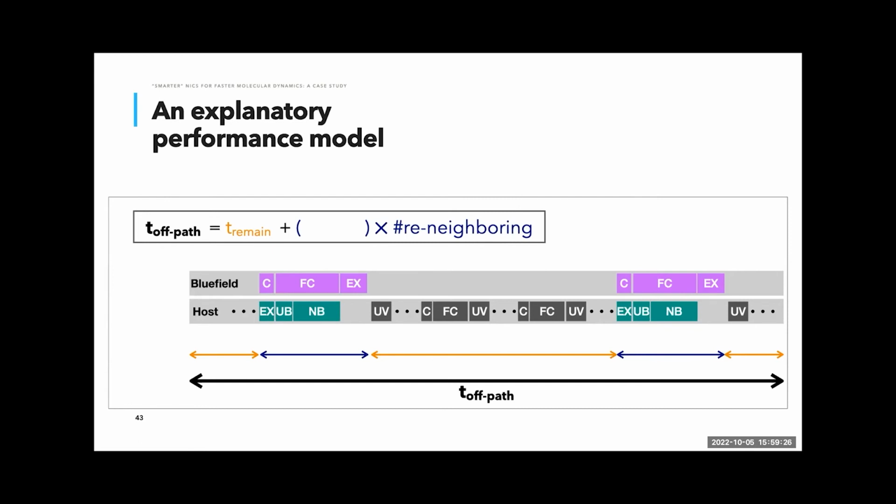And then there is the rest that is the same as T remain measured before. The neighboring part in this case has a synchronization barrier, so we have to take the maximum of the time spent on the BlueField and on the host.